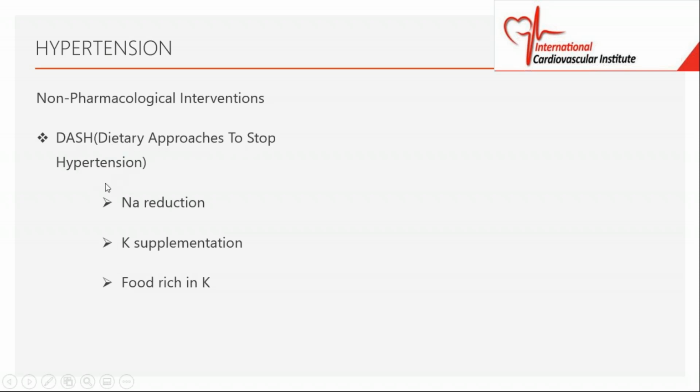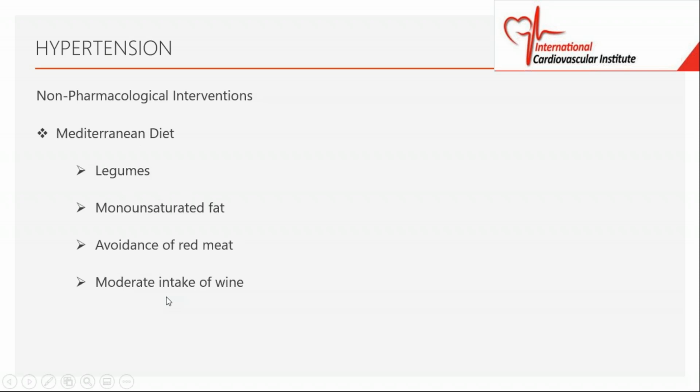Basically, that is significant sodium reduction. That's very important when you're counseling your hypertensive patient. They need to reduce their sodium intake. Potassium supplementation, as we mentioned before, is not taking potassium supplements, but dietary potassium, food rich in potassium. That is essentially the DASH diet.